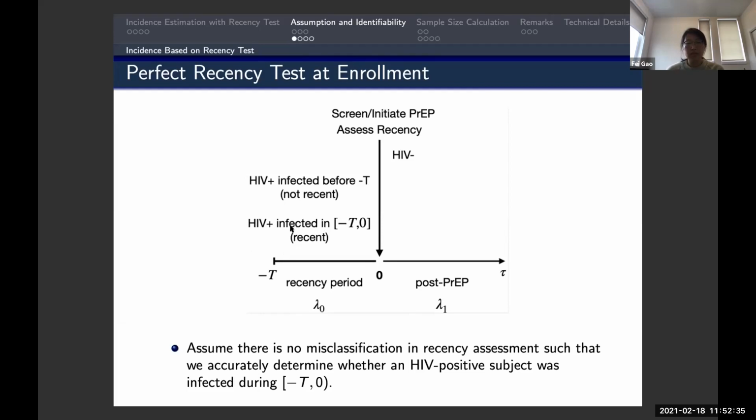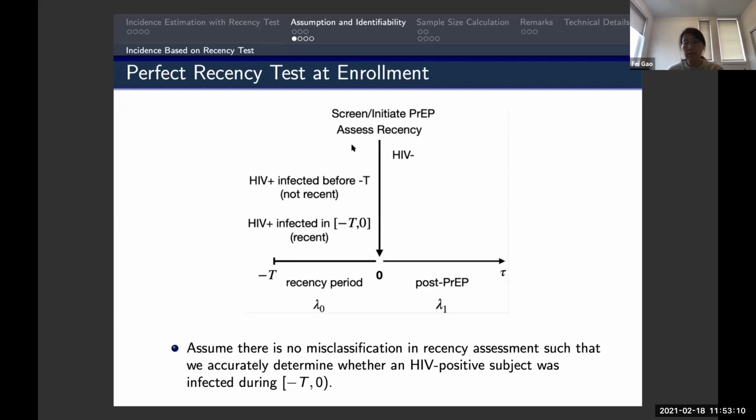In that case, there is some linkage between this perfect recency data and the data collected from the crossover trial, in that we're trying to ascertain the subjects who are infected from -t to 0. The only difference is that from the crossover trial, we're collecting data prospectively. So basically, we first look at all those who are HIV negative at time -t, and then we follow them prospectively.